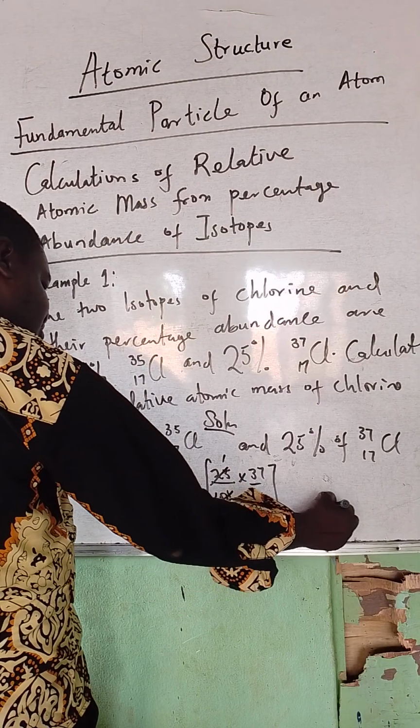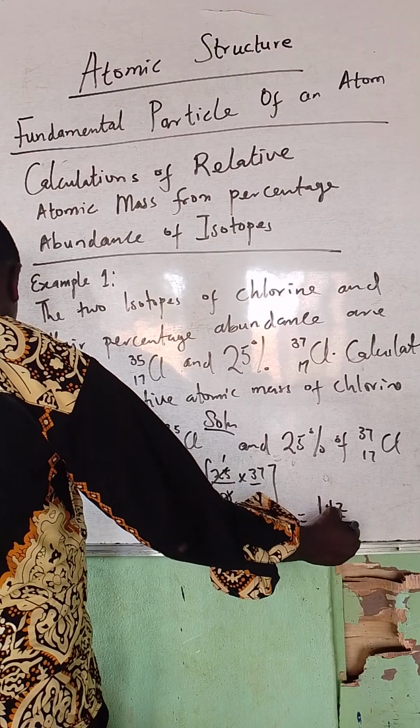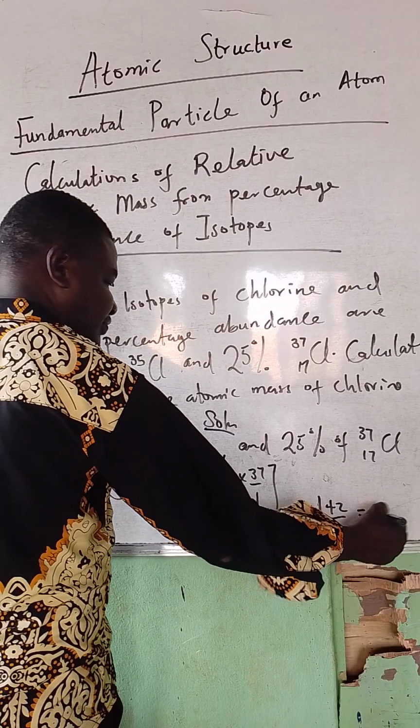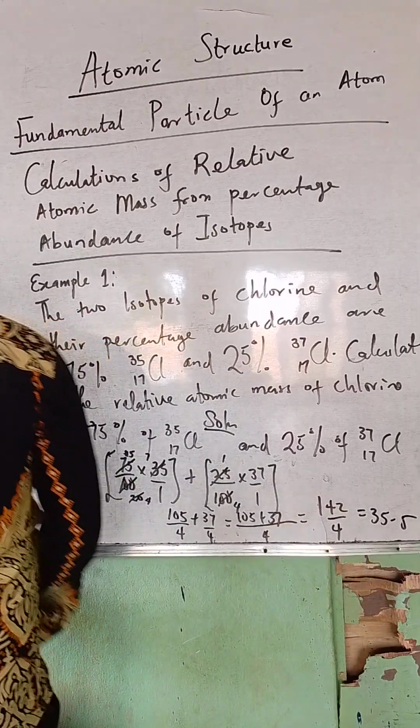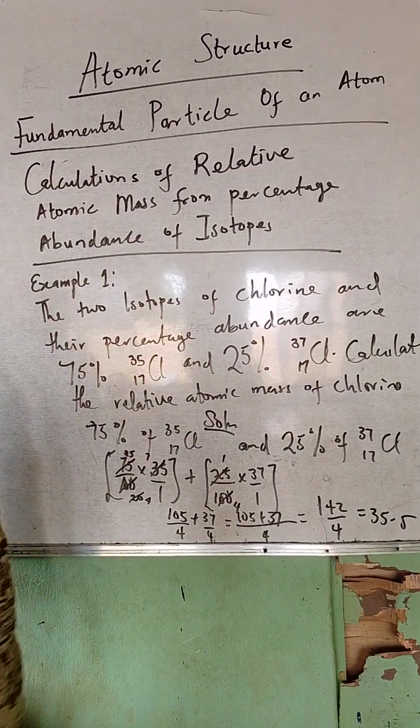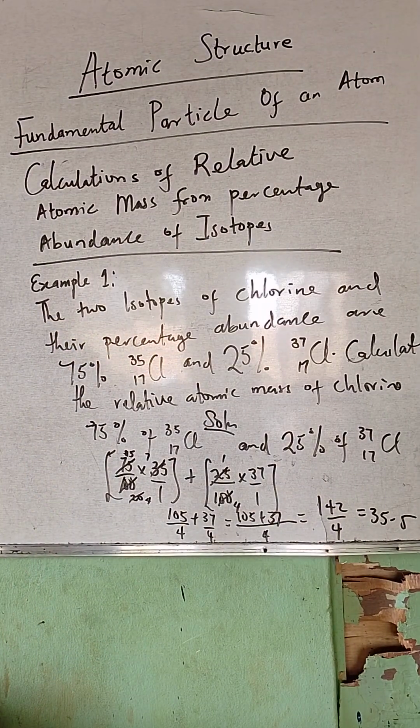That is 142 over 4. That is 35.5. Look at it very well. That is 35.5.